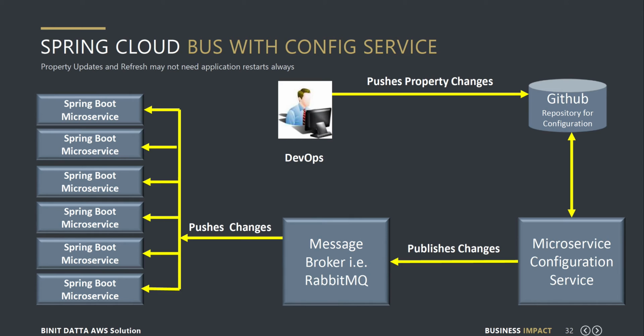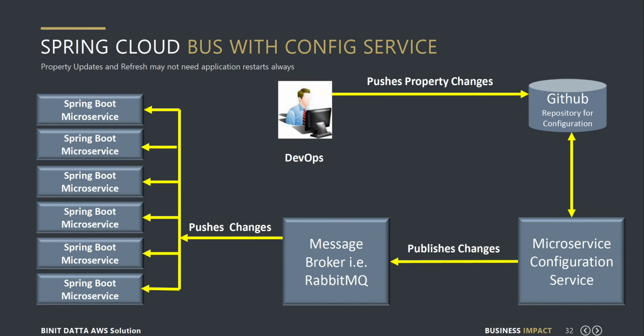Another advantage of the Spring Cloud config service is that you can make your microservices listen to property changes without having to restart them. In this architecture, you can see that the admin or DevOps is pushing property changes, and there is a microservice configuration service.